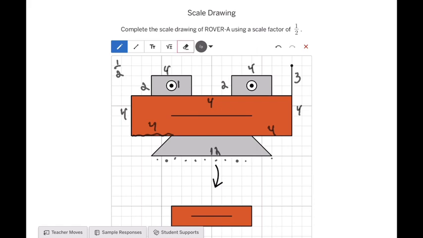So let's see what happens when I use a scale factor of 1/2. So this distance in between the eyes, it was 4. 4 times 1/2 gives me 2, so I know it's going to be 2. It's going to have one start here and one start there. I know that 2 times 1/2 is 1, so it's going to go up 1. 4, right, times 1/2 is 2, so it's going to go over 2.